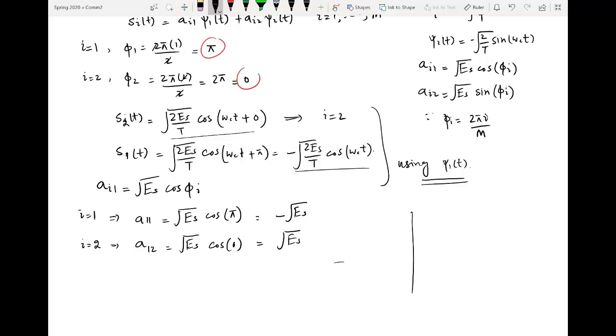So the constellation diagram comes out to be this one. It will be only along the x-axis. You will have 2 points. The amplitude of one point is square root of Es, and the second one is minus square root of Es. So these are the two constellation points. You see, the magnitude of these 2 points is the same. The only difference is the angle.